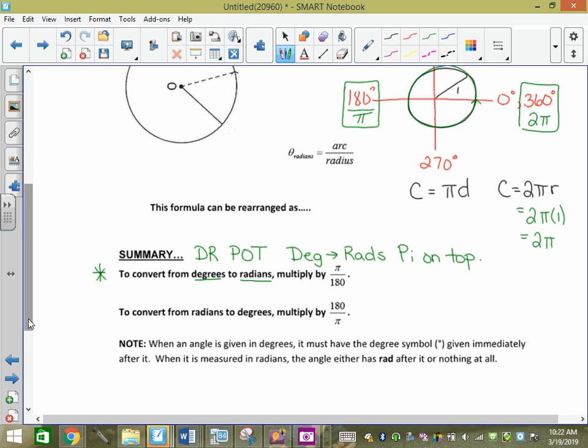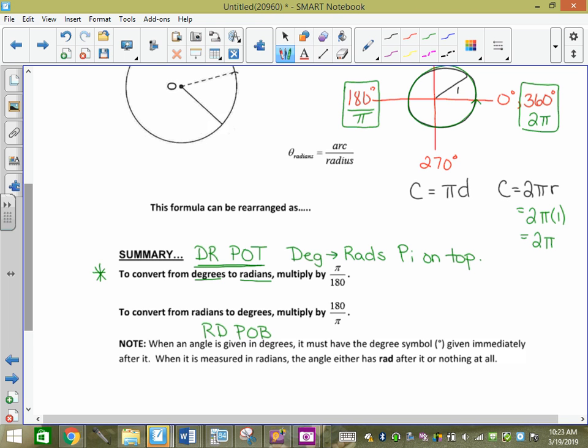Some people memorize the other one as RD Pob, or they just say, hey, it's the other way. Up to you. Radians to degrees, pi on bottom. So you're either going to multiply by pi over 180, or you're going to multiply by 180 over pi. Okay? It just flips depending on what you're finding. But if you're going from radians to degrees, pi's on the bottom. If you're going from degrees to radians, pi on top. Everyone remembers this one.